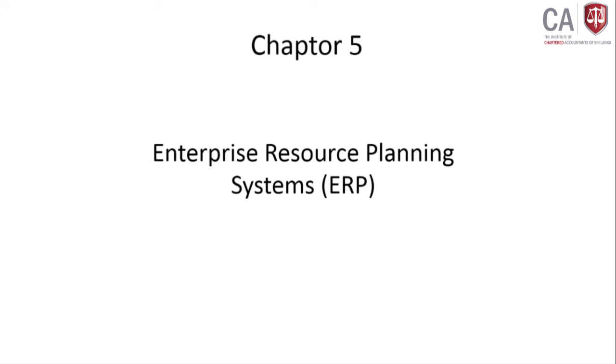ERP is very easy to understand, and if you understand the concept of ERP, then you can easily answer the questions. So, I have created some questions in this chapter and it is given there. You can refer to those, and also I have taken some questions from the revision kit as well.